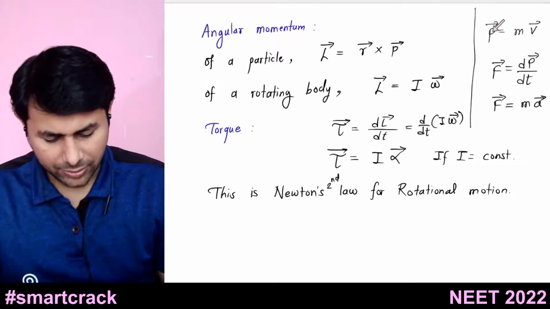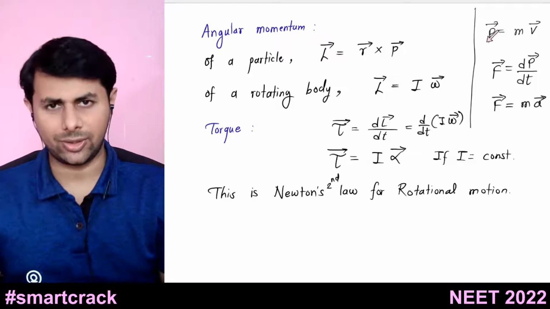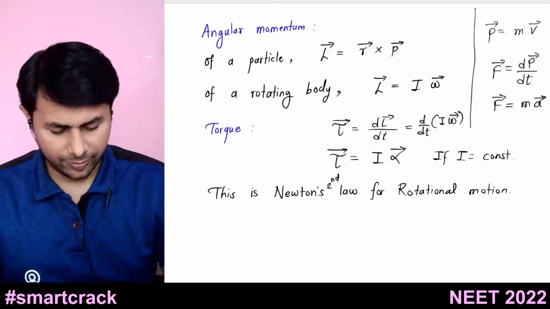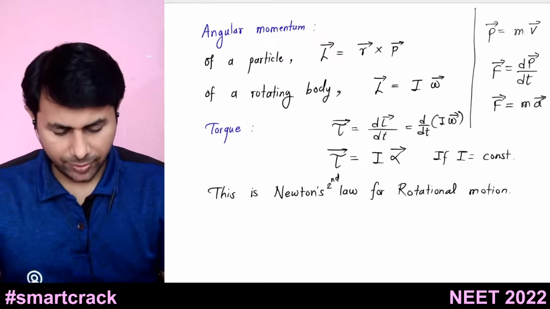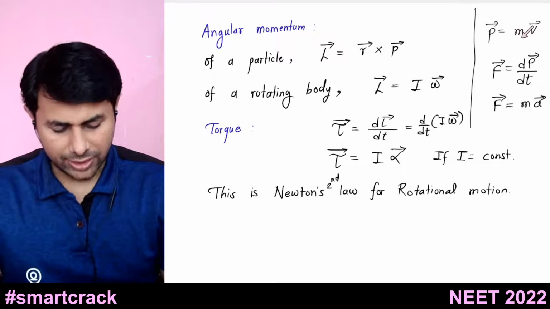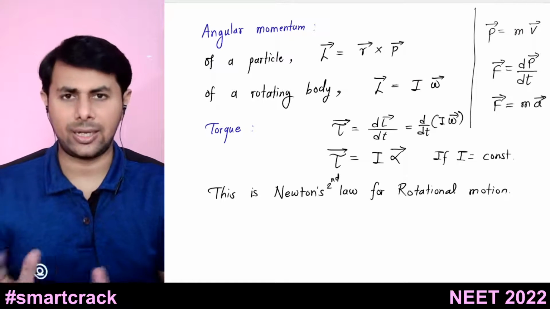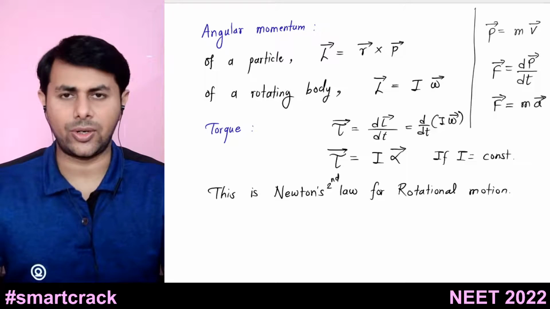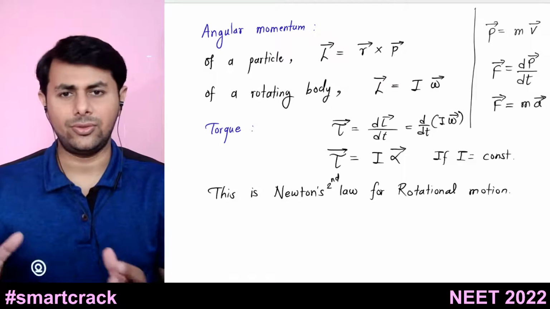So the analogous quantity of P is L. The analogous quantity of momentum is angular momentum. Momentum is mass into velocity. So the analogous quantity of mass in rotational motion is moment of inertia I, and the analogous quantity of velocity is angular velocity. So L is equal to I into omega.